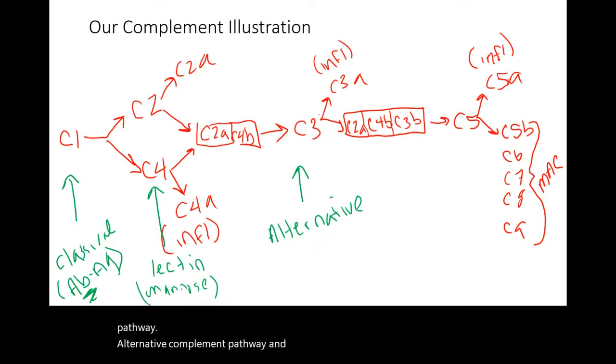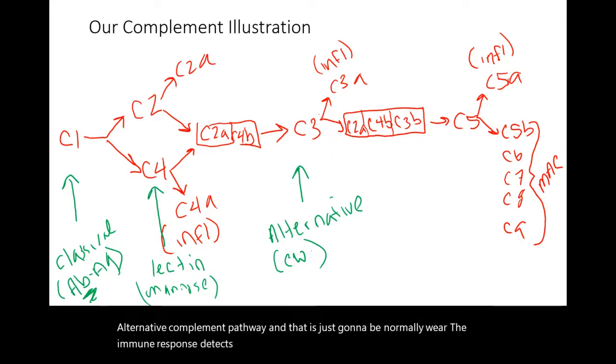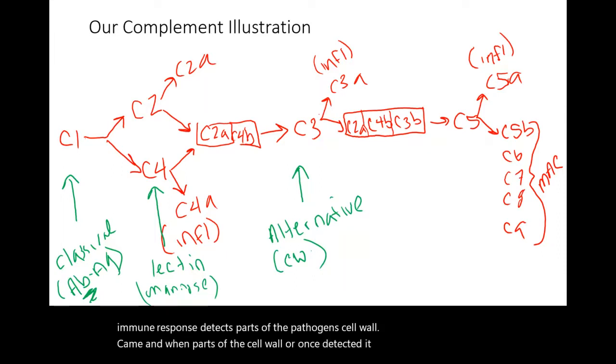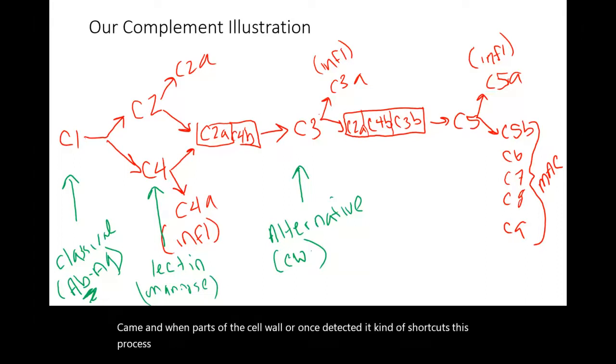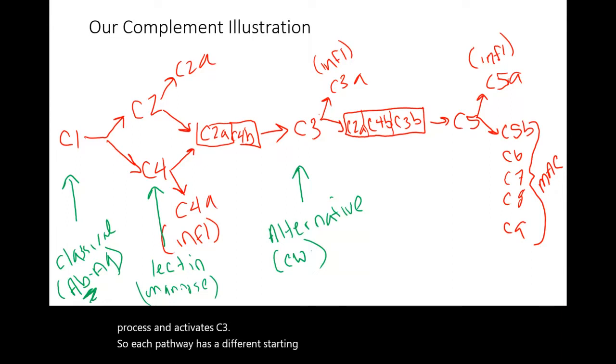And that is normally where the immune response detects parts of the pathogen's cell wall. Okay, and when parts of the cell wall are what's detected, it kind of shortcuts this process and activates C3. Okay, so each pathway has a different starting point and a different activator or trigger.